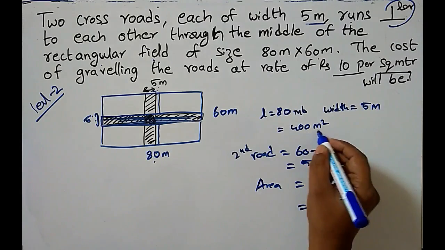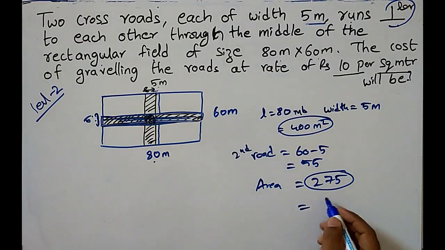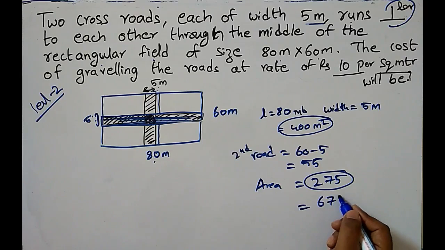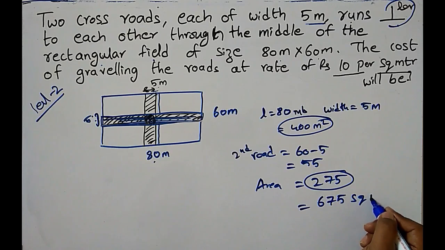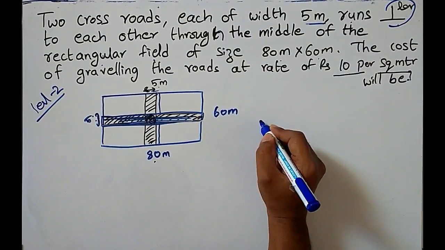Now add the two areas, 400 plus 275. We get 675 square meters. Or there is a formula.